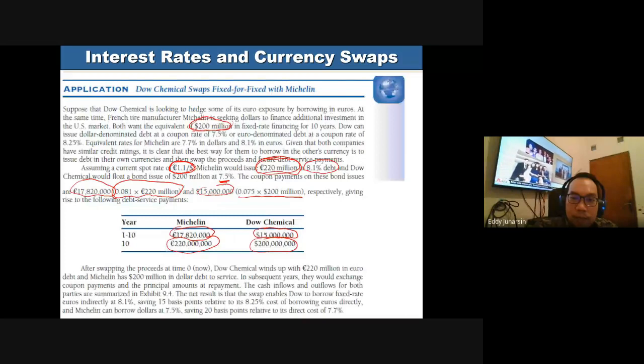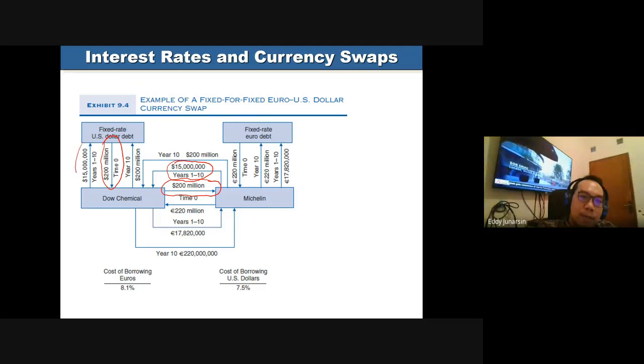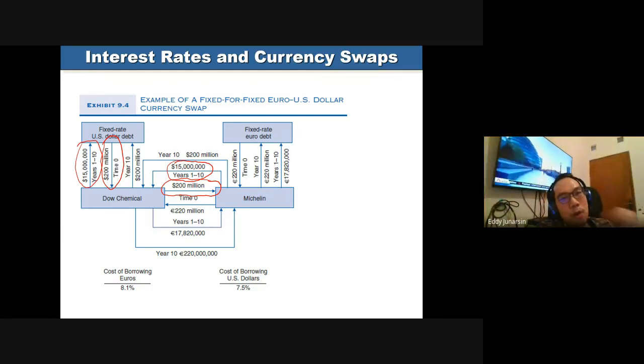Yeah, 15 million, right? 15 million every year will be paid by this one, right? See, Michelin will pay $15 million per year for 10 years. Okay, so and then the Dow will repay the interest payment, right, to bondholders, to financial institutions or anything, right?